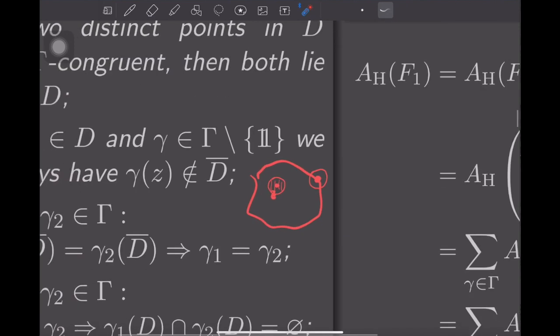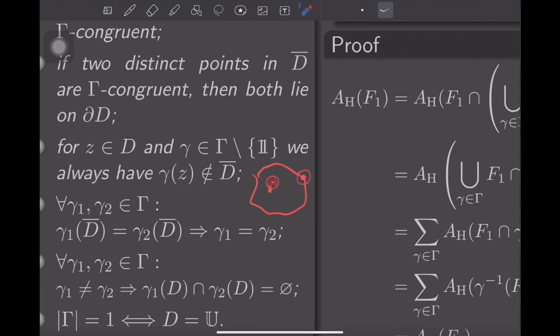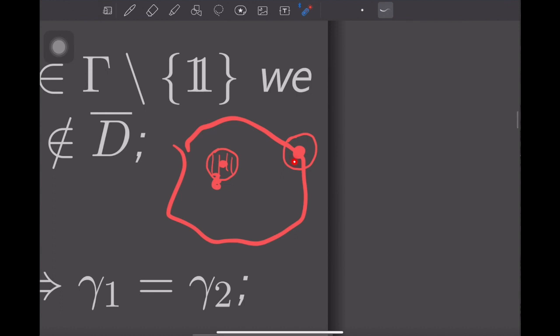So such Z cannot be elliptic. And then taking this disk completely contained in D sufficiently small so as not to intersect the image under gamma, you would have here points in this disk which would be different points in D in the same gamma orbit.